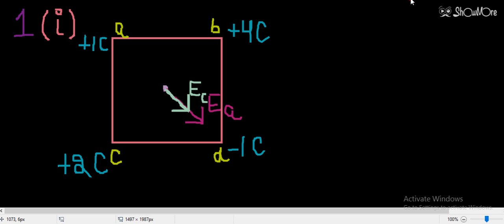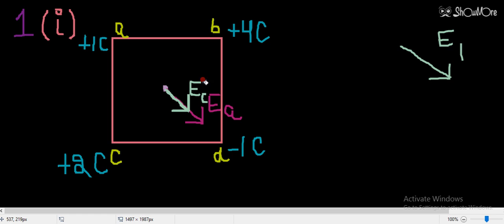So these two will be added. So E net, let's suppose it as E1. Let's suppose this is the resultant vector which is E1. So magnitude of E1 will be equal to EA plus EC. I hope you can understand this thing.